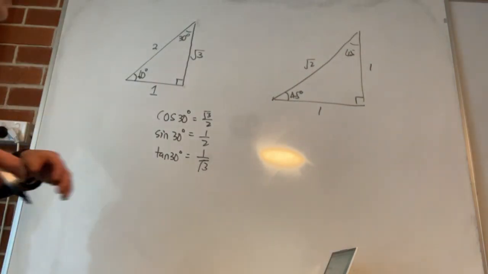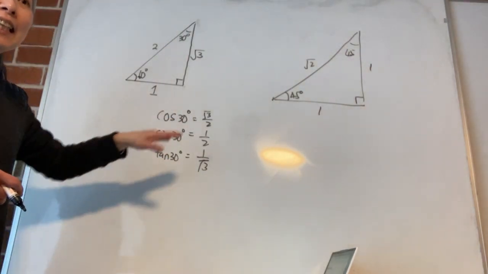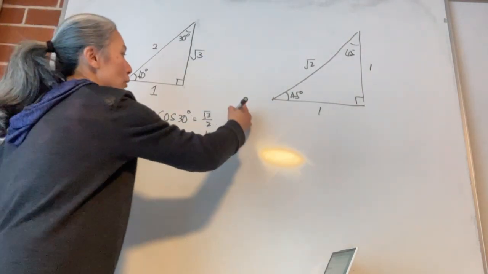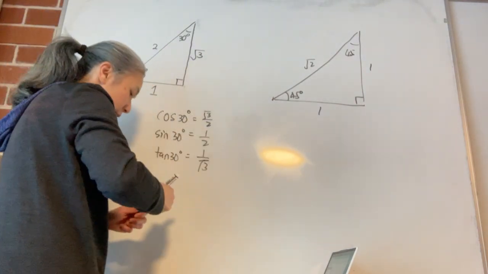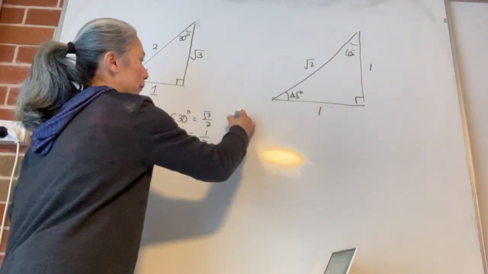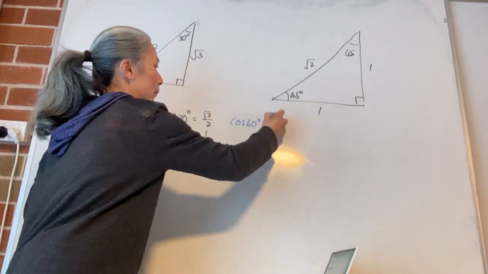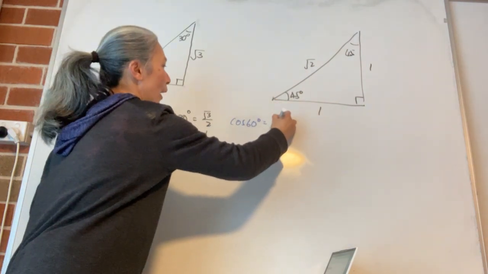That's okay. Then, having 30, the next one is 60, right? So let's work it out as well. Cos 60 equals a half.